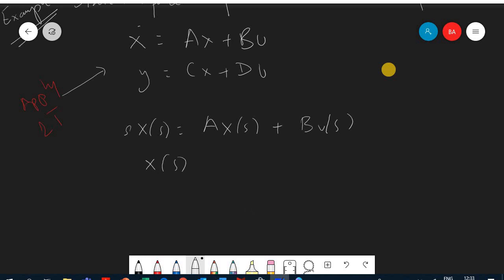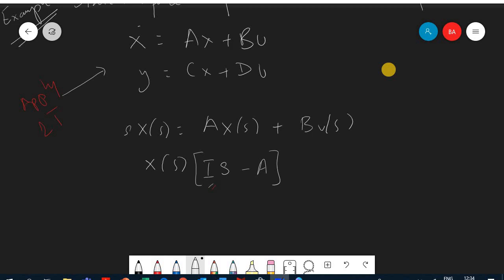You can already see that I can take a common factor of x of s, and x of s into s, right? But we don't usually put just s, we put an identity matrix into s minus a, and this is the way you present it. You present 1 in the matrices. How do you present 1 in matrices? Usually represented as identity matrix. Okay, so that is the idea that you need to know here.